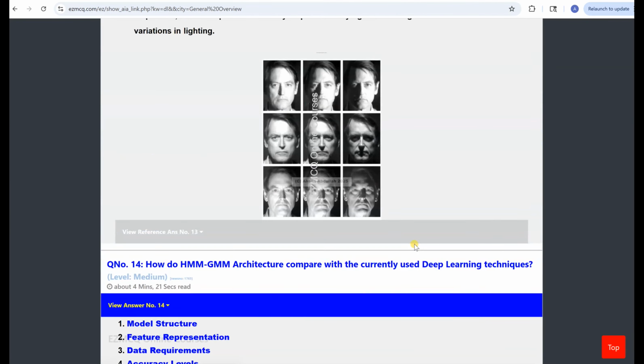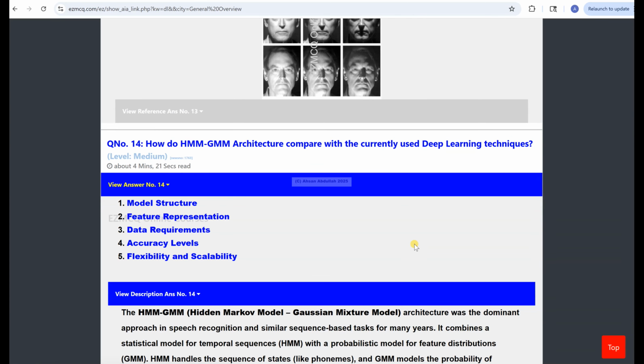So how does it work? These basically use a combination. Hidden Markov models are for temporal modeling, which I believe we discussed in some other course also. And then the Gaussian mixture model is for probabilistic feature representation. So it's a combination of both of them.